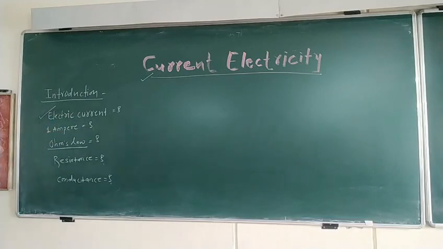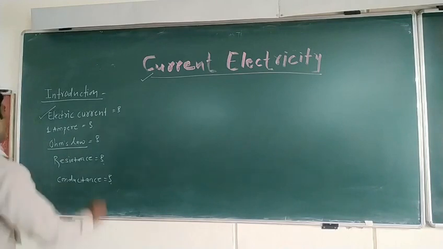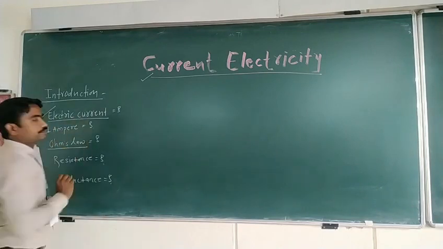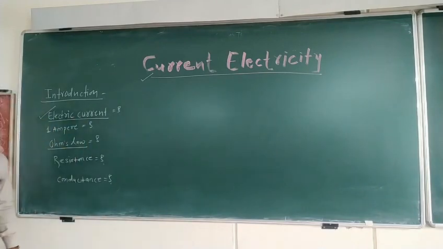The electric current is the rate of flow of charges flowing across the area of a conductor. The rate of flow of charges through the area of a conductor is called electric current.